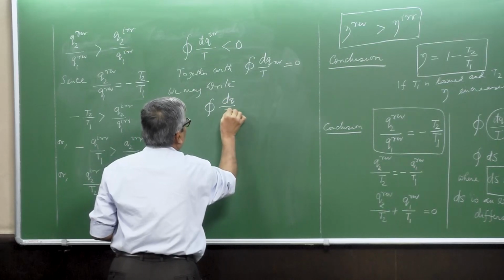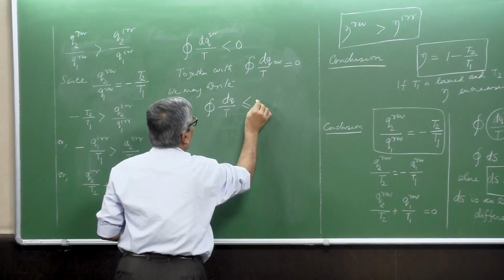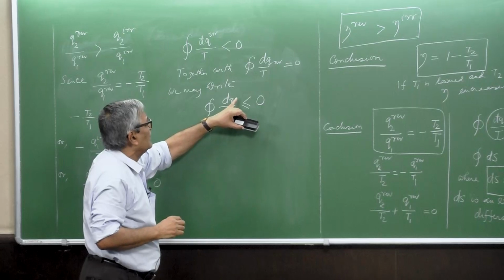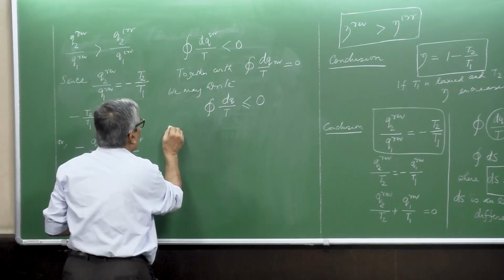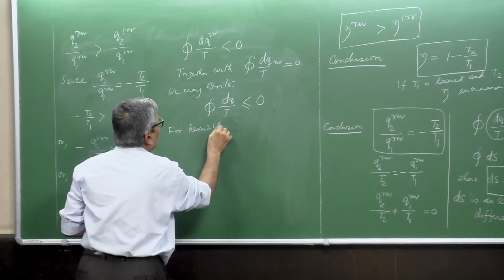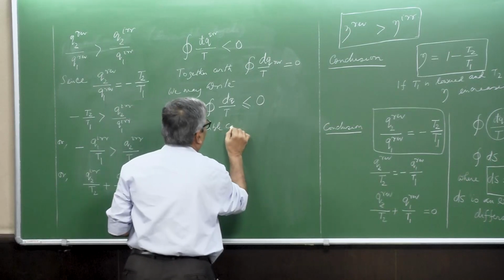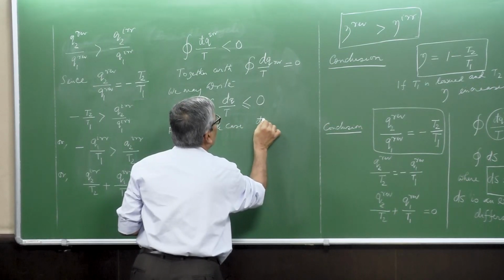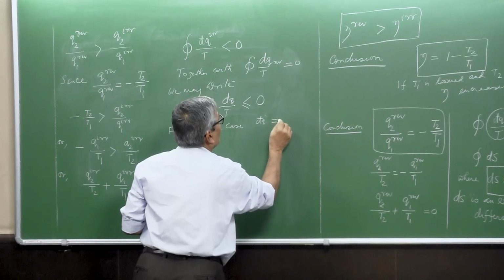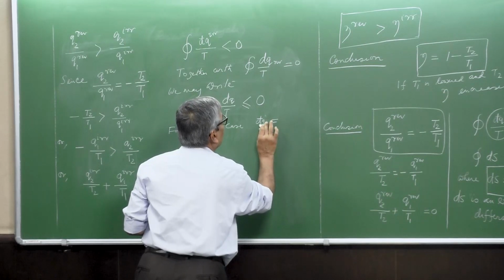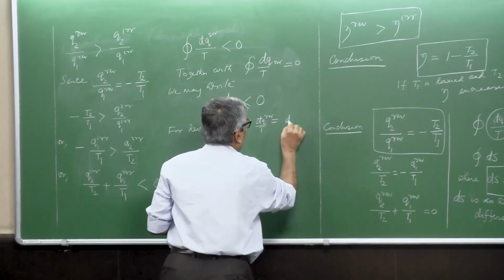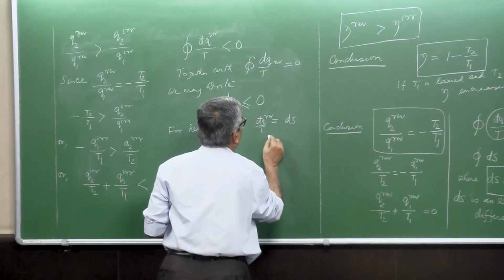dQ by T is a general form of writing, and it means that when dQ is reversible, for the reversible case, dQ reversible by T equals dS, and in that case equality holds.